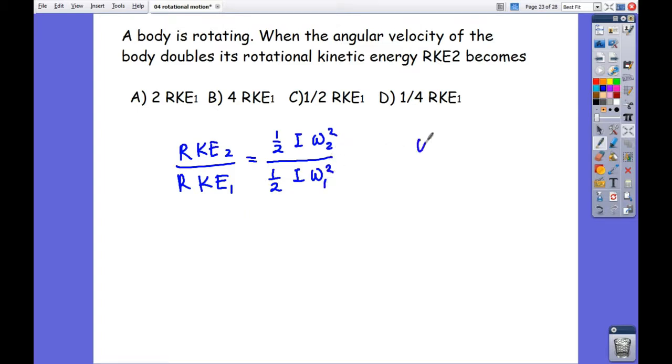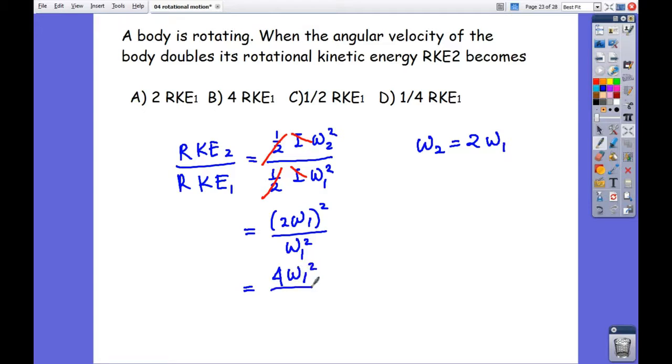As omega 2 doubles, we can cancel some of the variables. Half cancels, I cancels, so we have only omega 2 squared over omega 1 squared, which is 4 omega 1 squared over omega 1 squared.